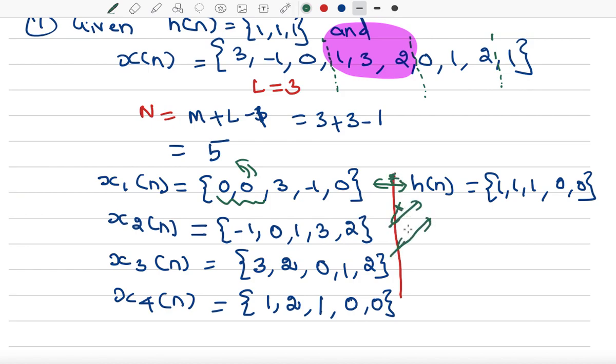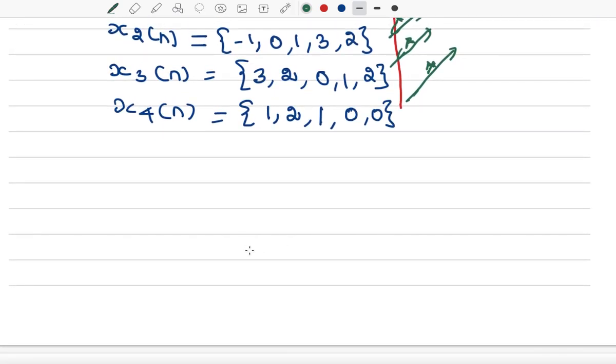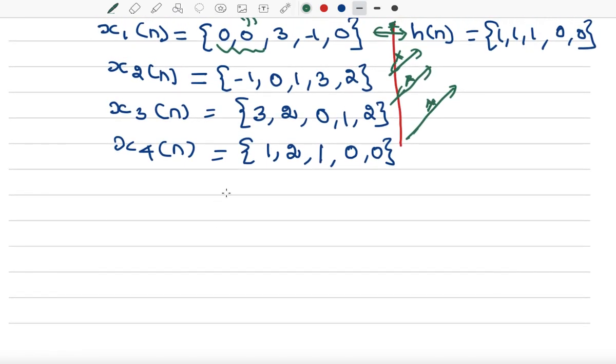Similarly x3 and h of n, and x4 and h of n. So how we can perform the convolution? First of all, we want to perform the convolution of x1 of n and h of n. So that is y1 of n.